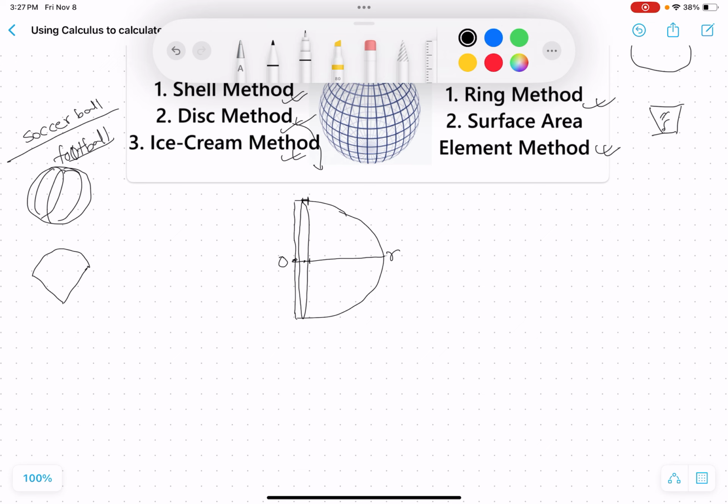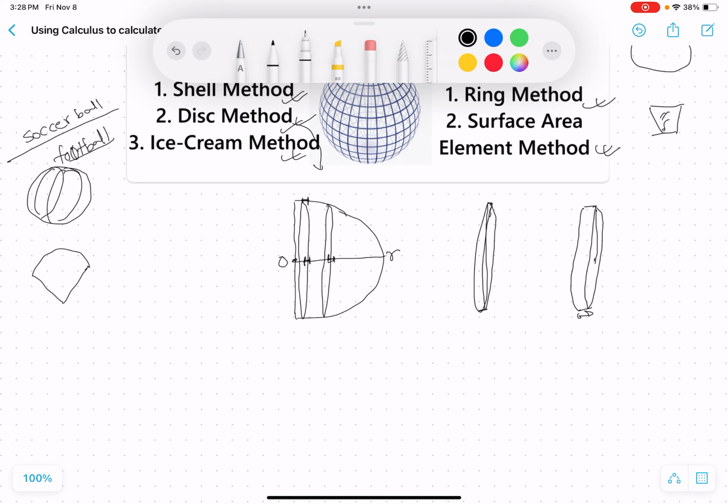Again, the area of this 2D circle times a small gap. That will be a small volume. This is our circle, and this is our small change in the x direction, dx.